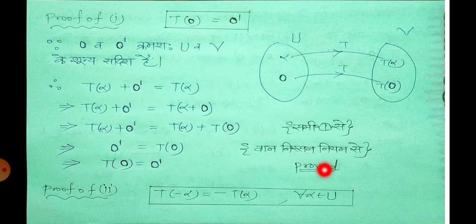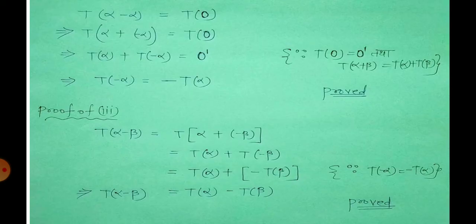This is proved. Now we come to the proof of 2, where we have to prove T of minus alpha is equal to minus T of alpha for all alpha belonging to U. So we start with T of alpha minus alpha. Alpha minus alpha is equal to vector 0. Now we can write minus alpha as alpha plus of minus alpha.